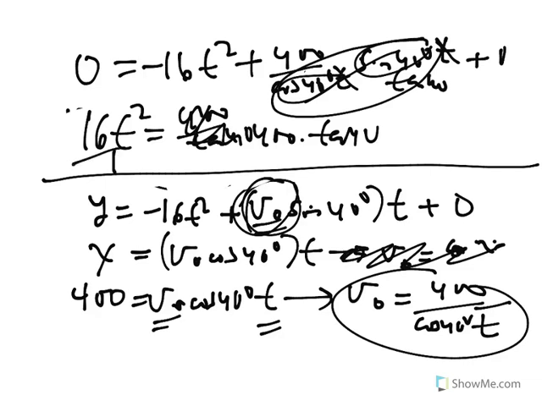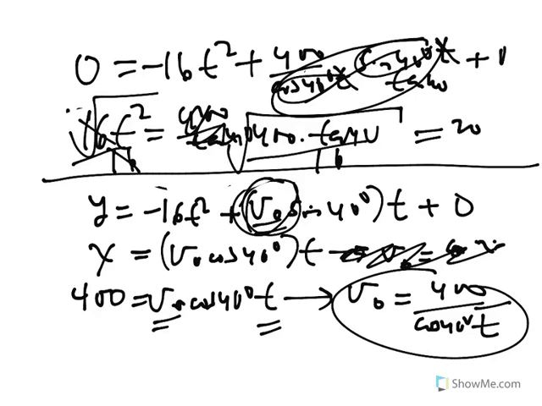And then I can divide both sides by 16 and take the square root of both sides. So I end up with this expression, square root of 400 times tan 40 over 16. That actually does turn into 20 over 4, or 5 square root of tan 40. Either way, it becomes 4.6 seconds.